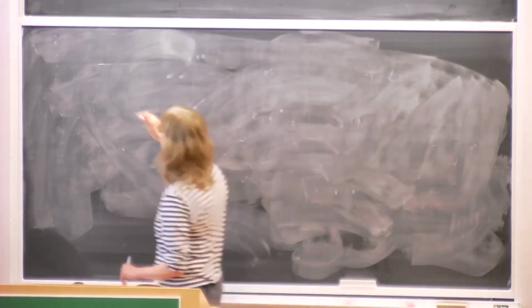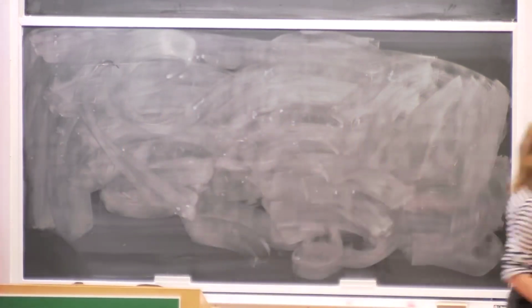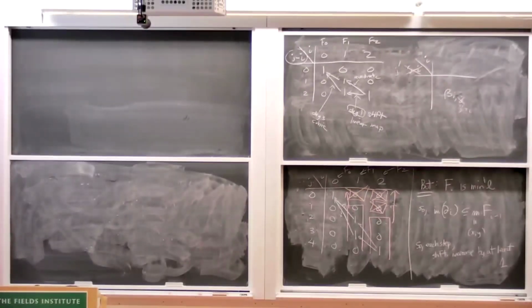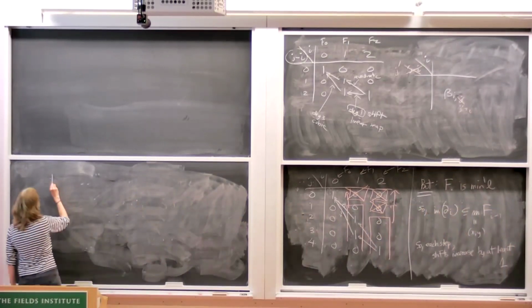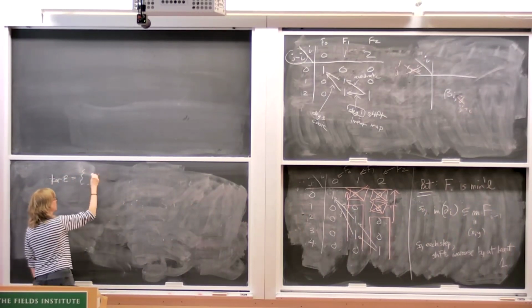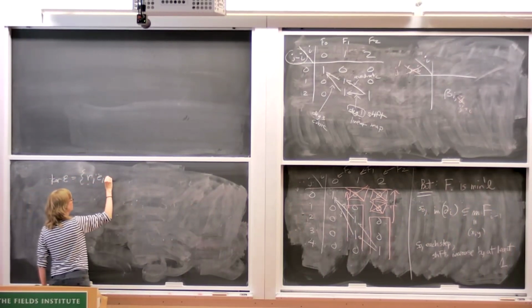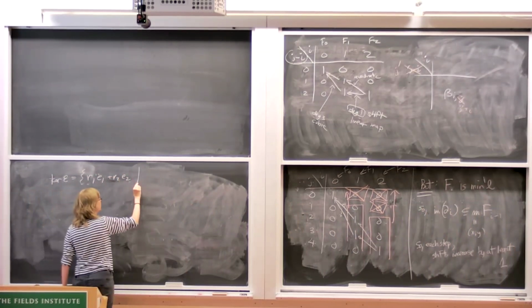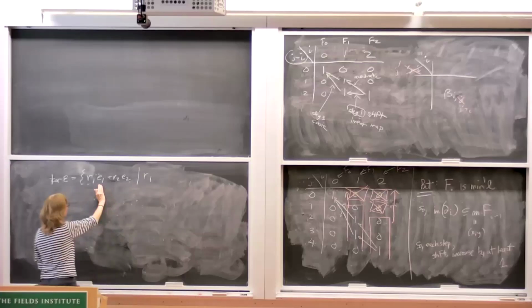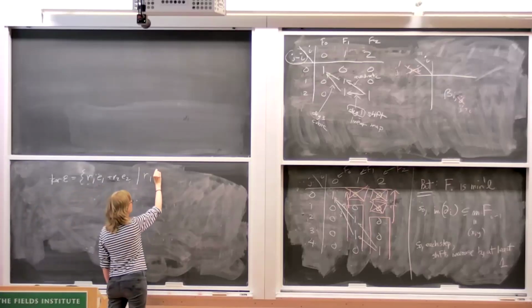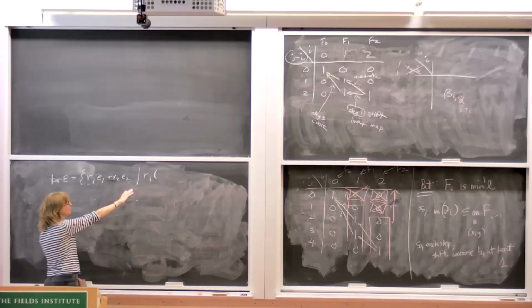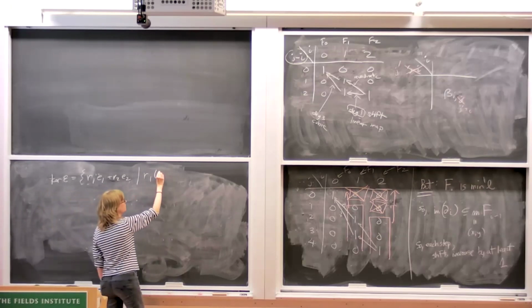Let's look at, oh, that's differential one. No, sorry, that's epsilon. So the kernel of epsilon is all the combinations R1 E1 plus R2 E2 such that, apply epsilon to this and I should get 0.